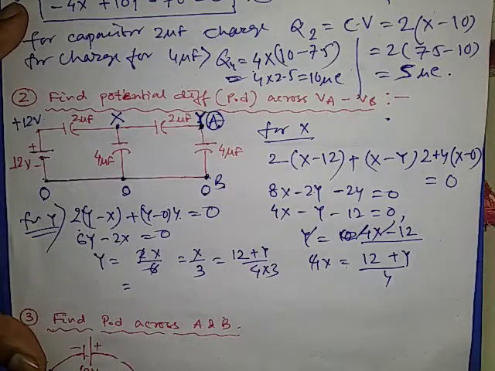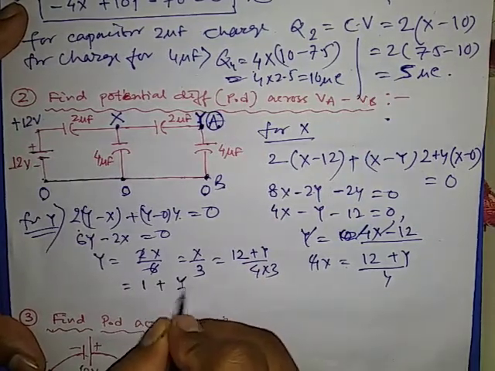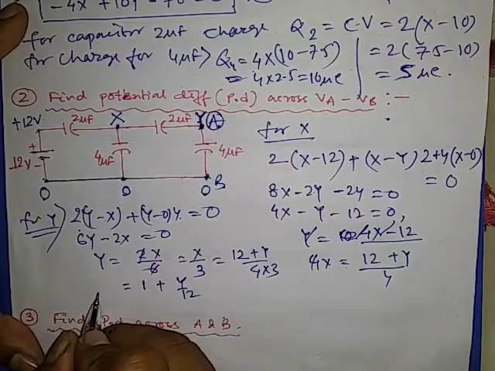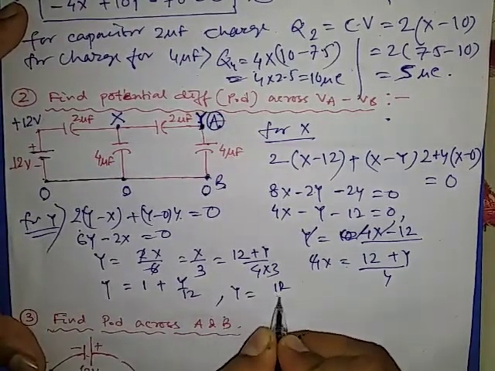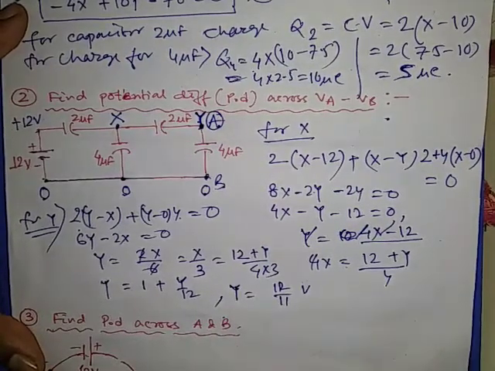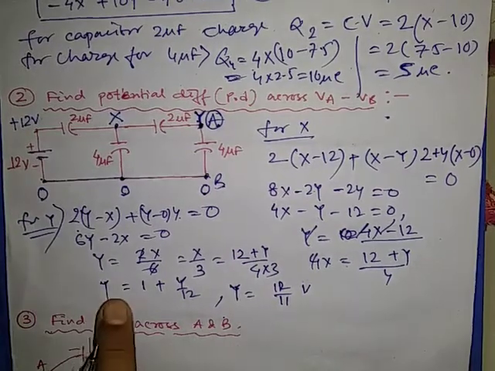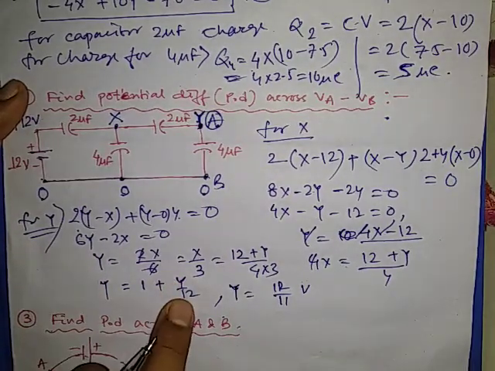So 12 means 1 plus y by 12, equal to y. So y here 12 by 11 volt. 12 minus 1, 11 by 12.